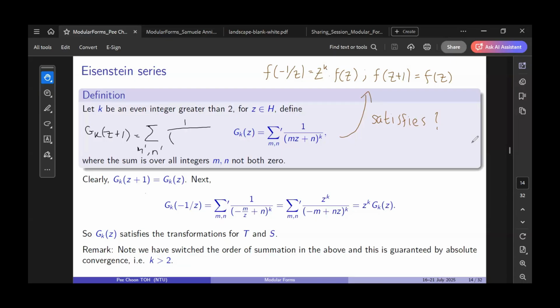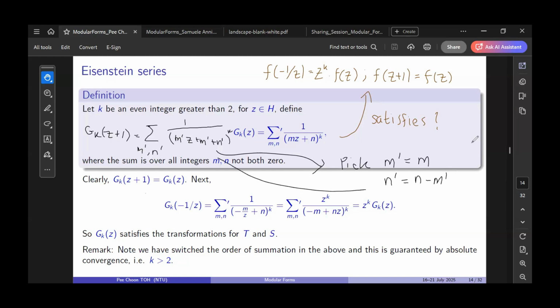So this is m'z plus n', plus m'... to the power k, right? So it seems to be different, but we just have to pick m' equal to m, while n' is equal to n plus m.